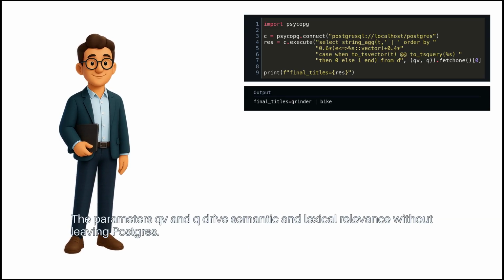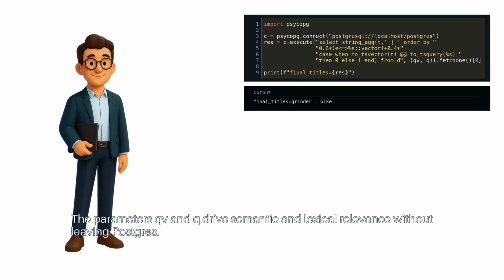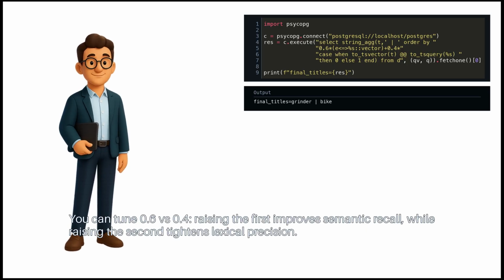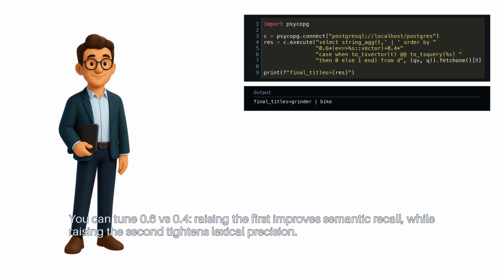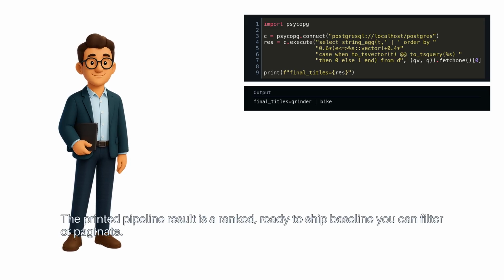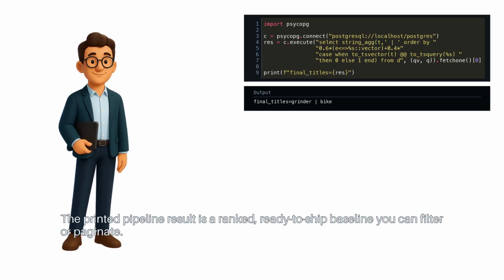The parameters qv and q drive semantic and lexical relevance without leaving Postgres. You can tune 0.6 versus 0.4. Raising the first improves semantic recall, while raising the second tightens lexical precision. The printed pipeline result is a ranked, ready-to-ship baseline you can filter or paginate.